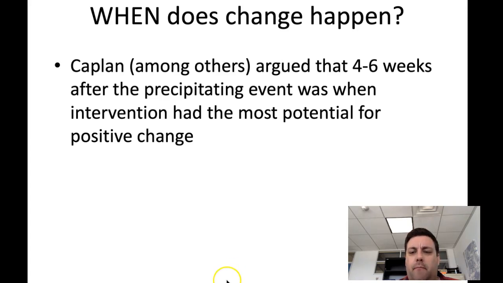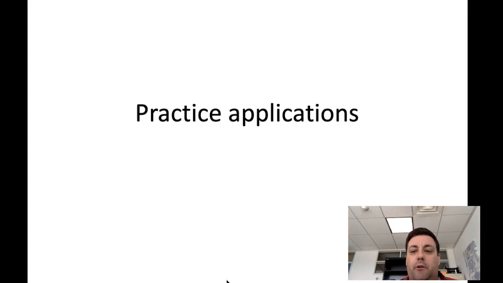Caplan seemed to feel that change happened 4 to 6 weeks after the crisis moment. For him, that period followed an acute crisis, not a protracted and abstract crisis, but something pretty acute.